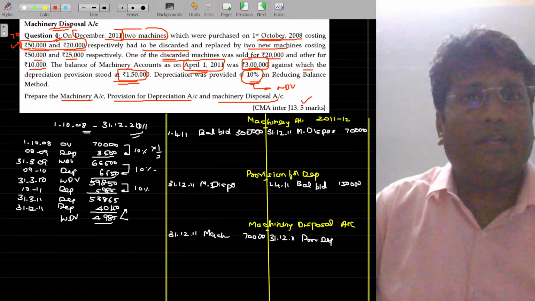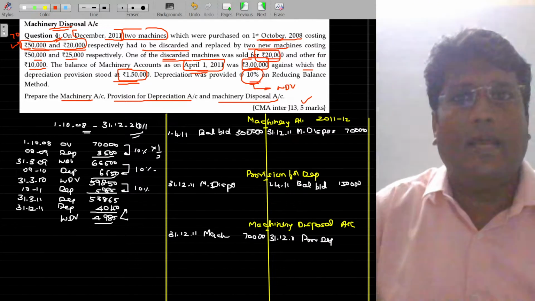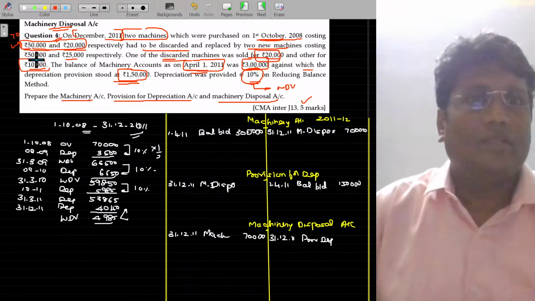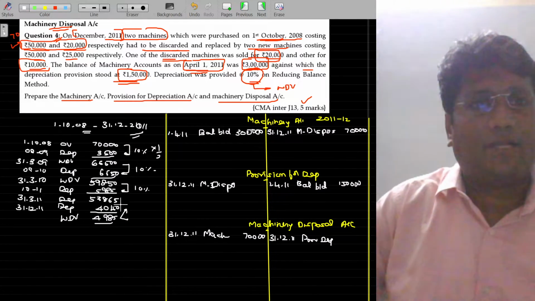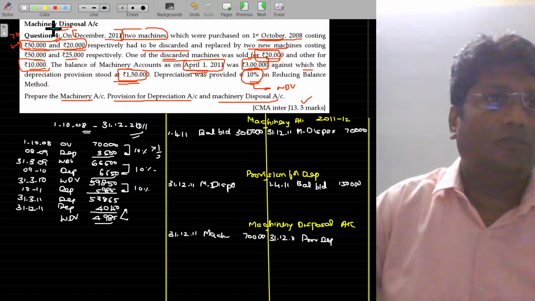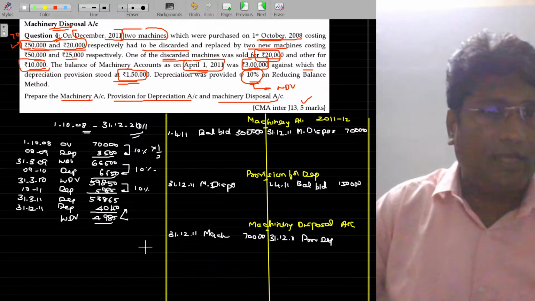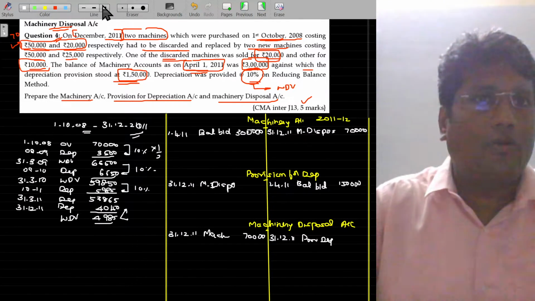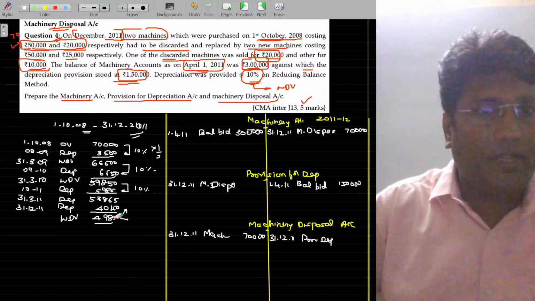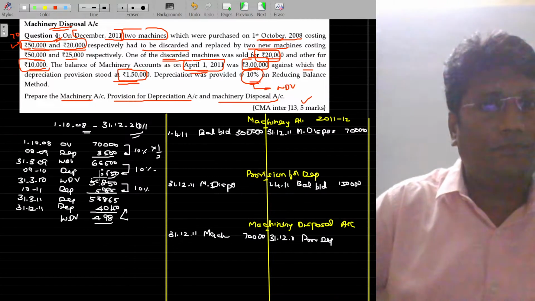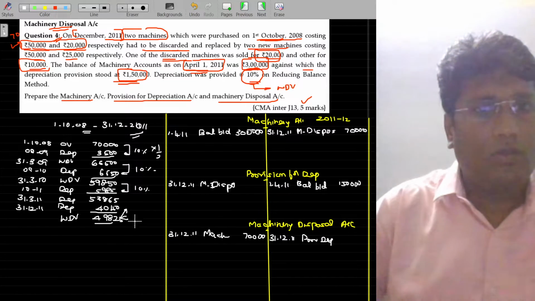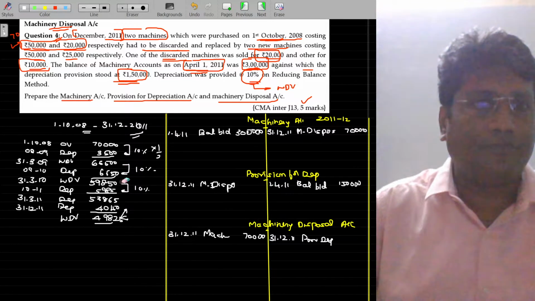One of the discarded machines was sold for 20 and the other was 10. I have put the value collectively. So both the assets have the WDV as on that date being 49,825.